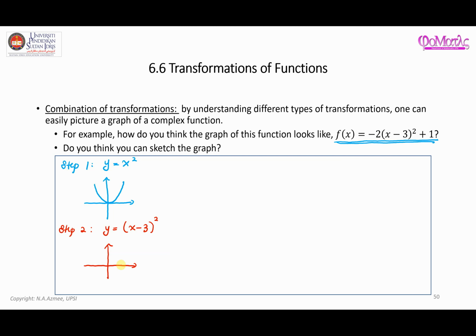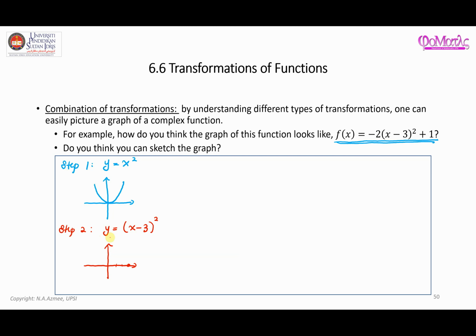So this will be shifted 3 units to the right, so maybe somewhere here. And then based on this simple equation, I think you can determine where the curve crosses the y-axis. So it will cross it at 0, 9.